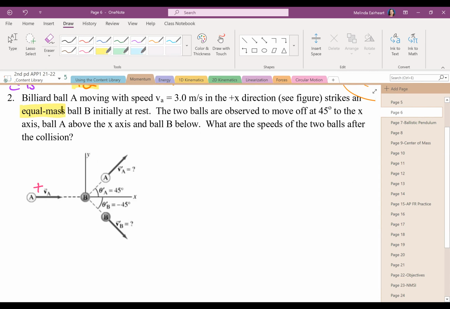So just kind of dump center of mass for a second, go back to normal collision. We have two objects that are going to collide. It's just now we're going to have some angles. So ball B is initially at rest. And so initial velocity of B is 0. And then they gave us 3 meters per second on A.